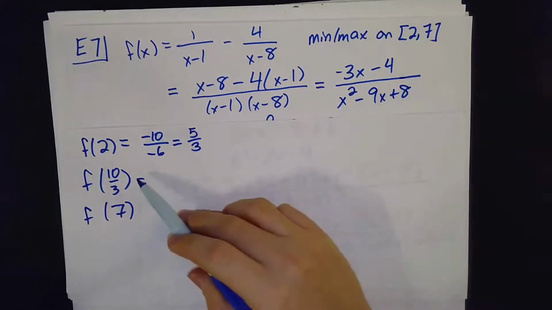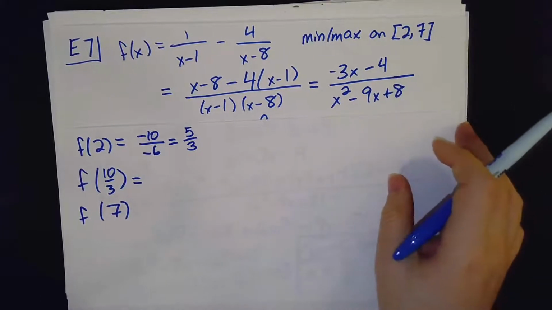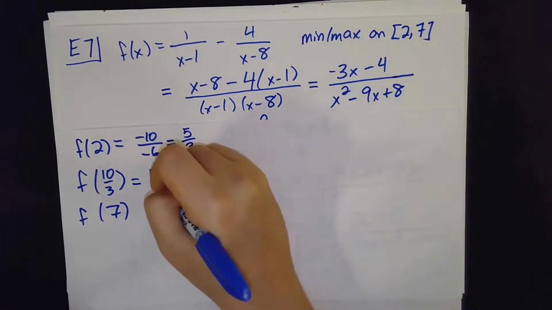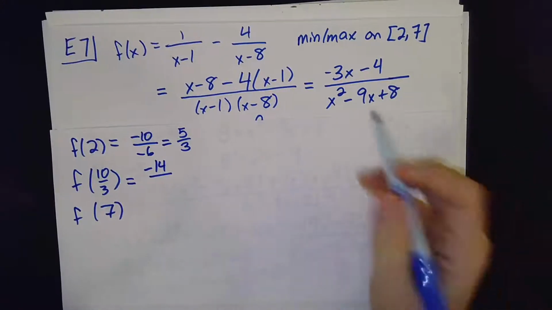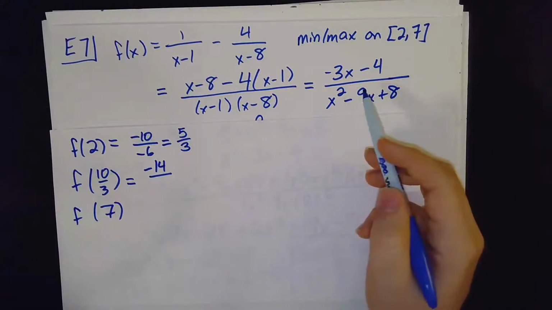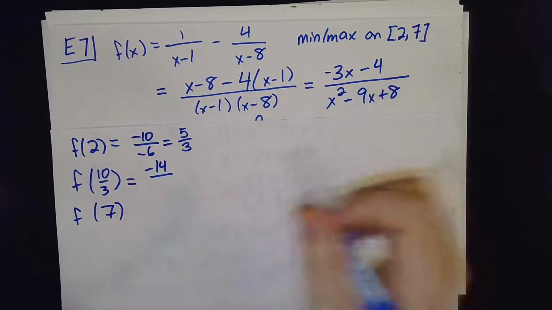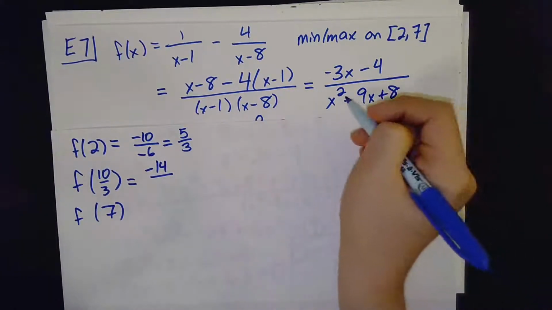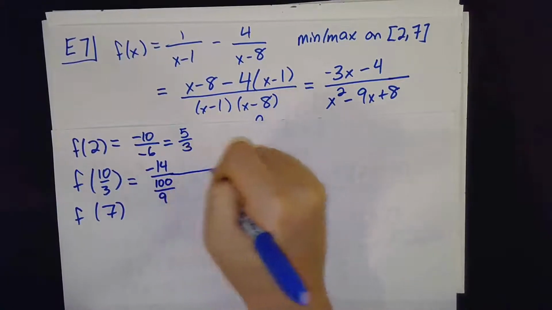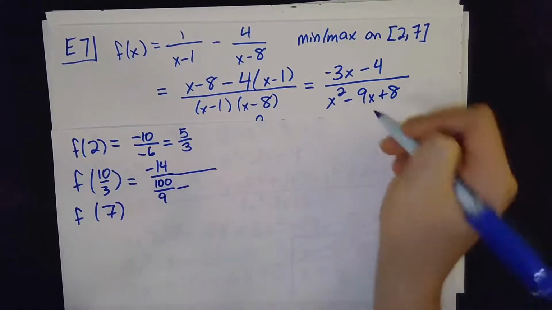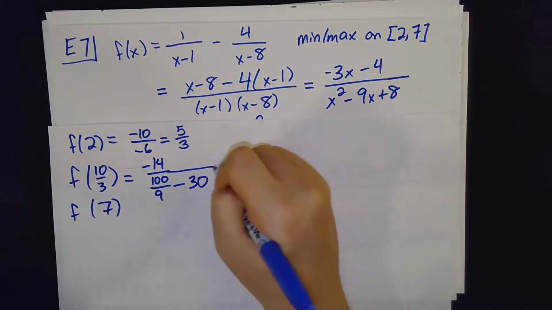F of 10/3 will be minus 14 divided by, and now I've got to figure out the denominator here, which is going to be a bit messy, 100/9 minus 30 plus 8.